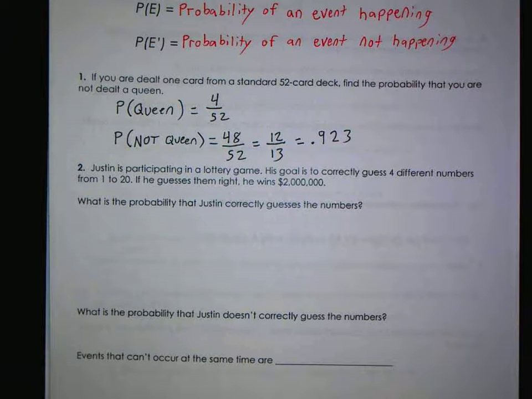Justin is participating in a lottery game. His goal is to correctly guess 4 different numbers from 1 to 20. If he guesses them right, he wins $2 million. What is the probability that Justin correctly guesses the numbers?